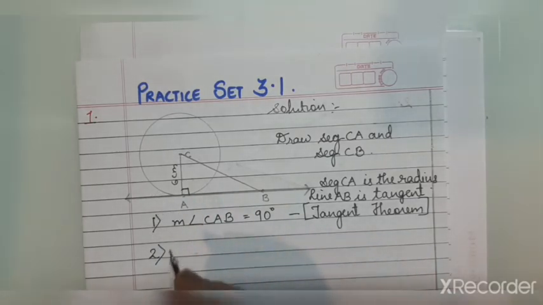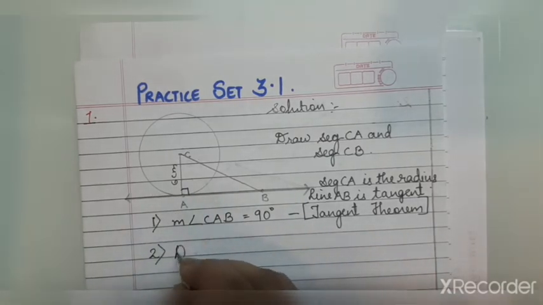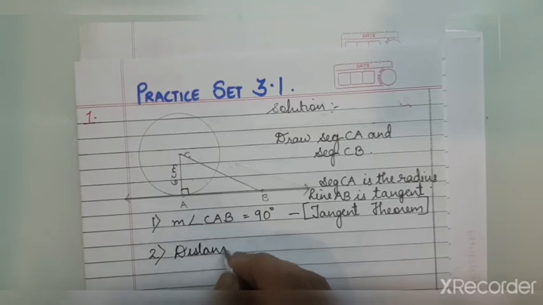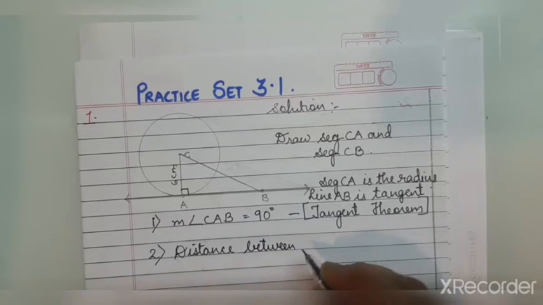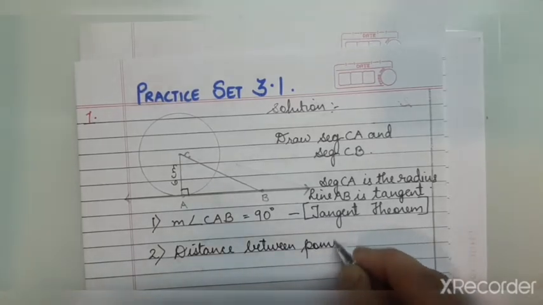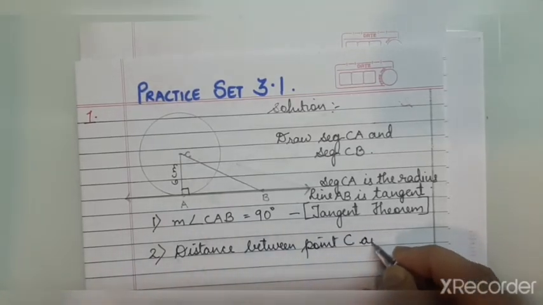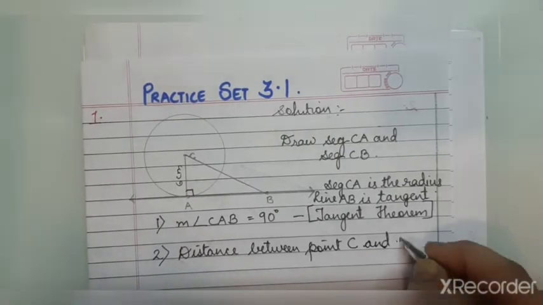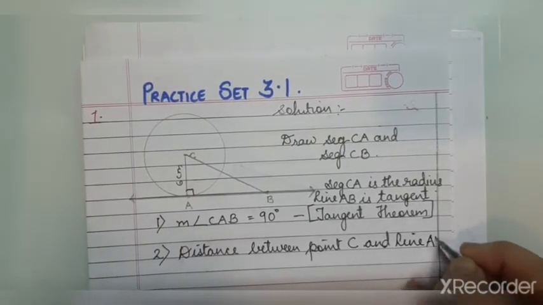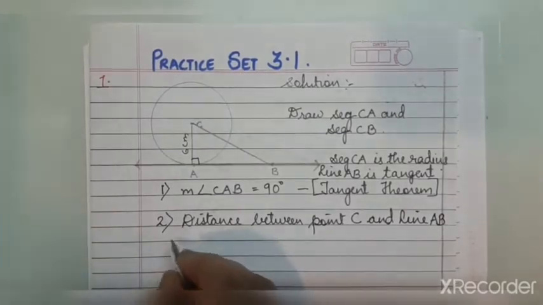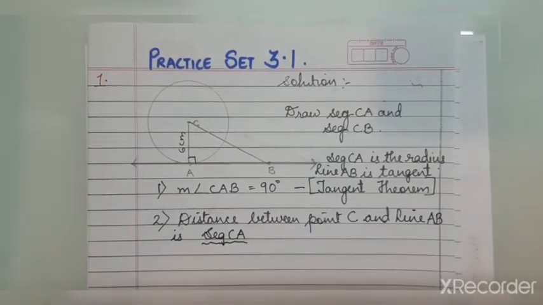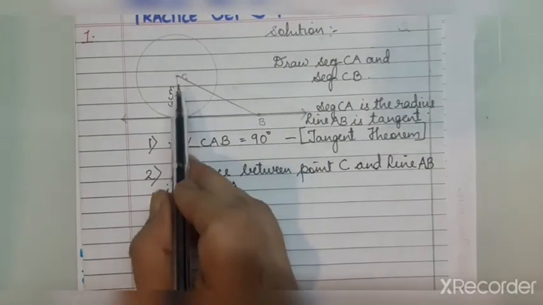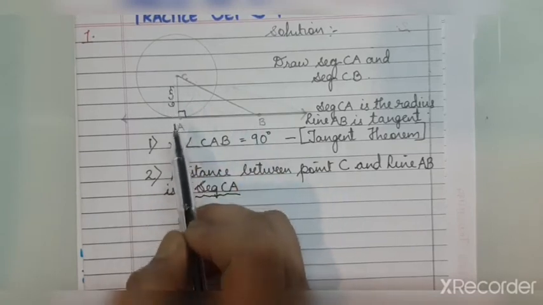Now first we will mention here that the distance between point C and line AB is segment CA.